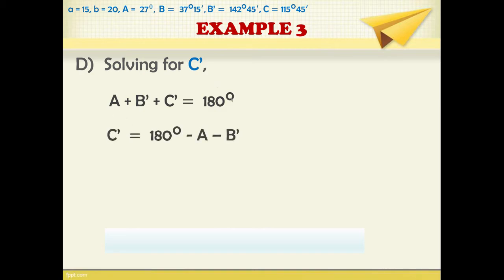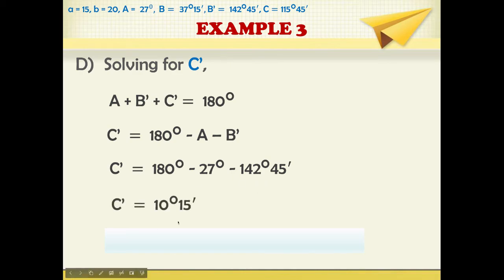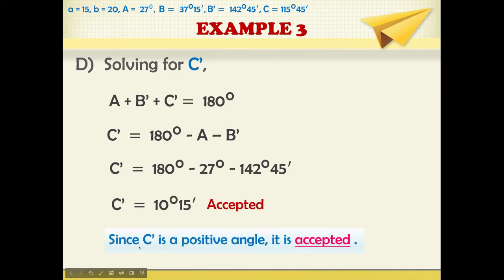Transposing A and B prime to the other side, C prime equals 180 degrees minus A minus B prime. By substitution, this gives us the value 10 degrees 15 minutes. Since this value for angle C prime is positive, this angle is accepted.